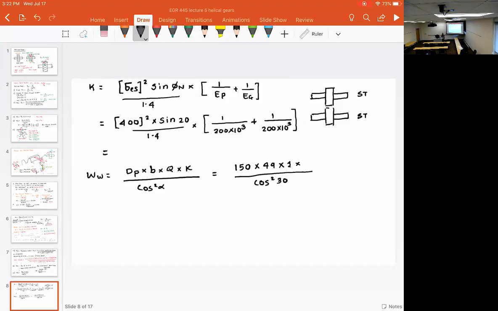What is the value of K? How much is the value of K?